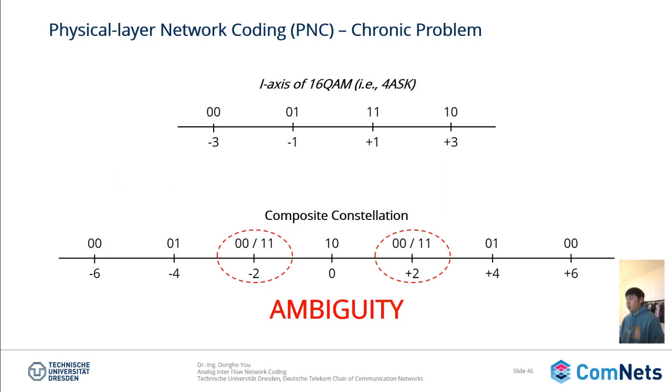So when the relay node receives the superposed symbol -2, there are 2 binary cases, 00 and 11, so it's hard to do the remapping at the relay node. Therefore it is so hard to use QAM modulation in the simple two-way relay channel, also known as the TWRC topology.